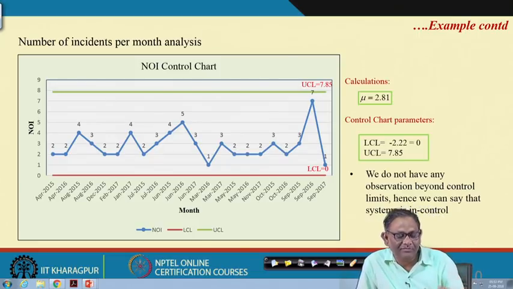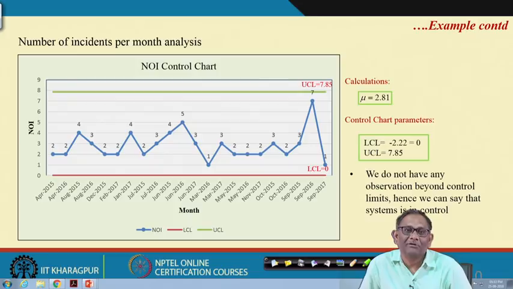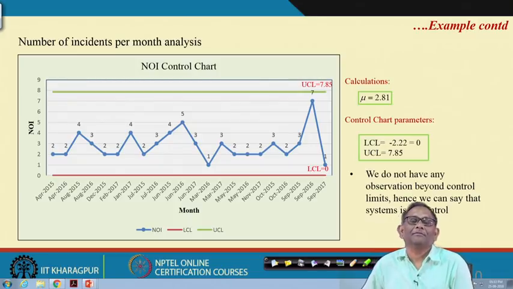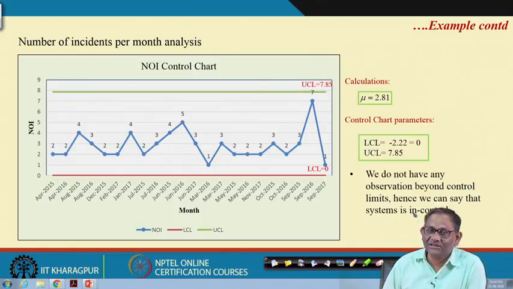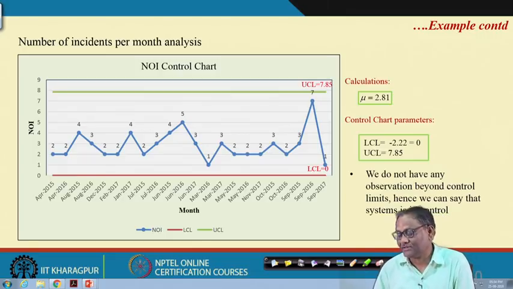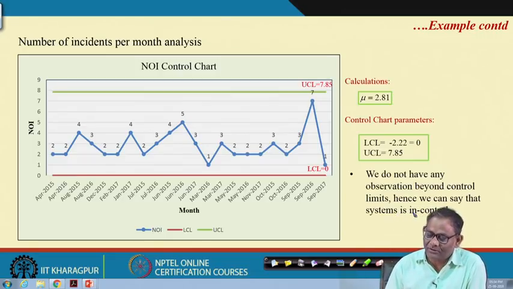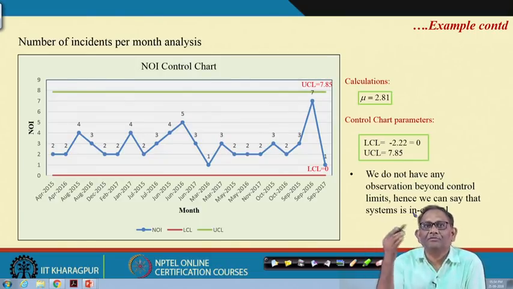in terms of TBO you got one picture, and in terms of NOI you are getting another picture. Definitely, although these all relate to the same system, different variables give different pictures. So, ultimately you have to choose which variable is best suited for your case in terms of safety performance improvement, or you choose many such safety variables, and for the safety variable for which the system performance has deteriorated, there you concentrate.